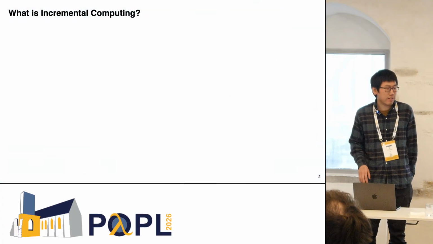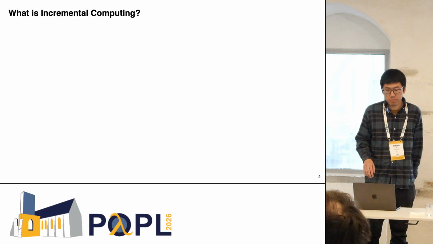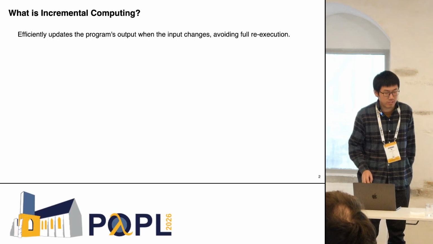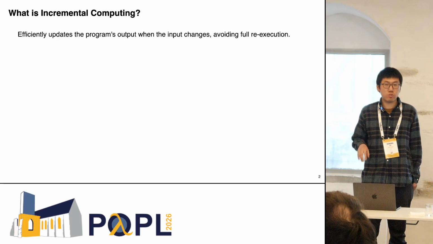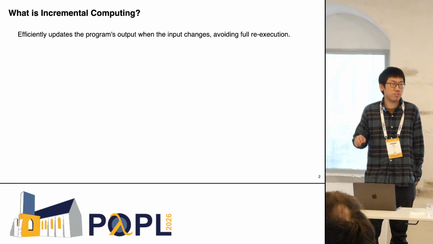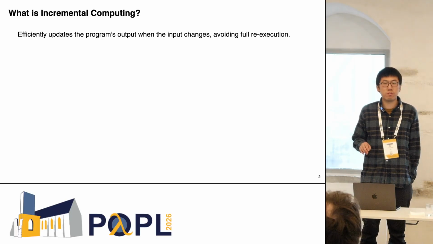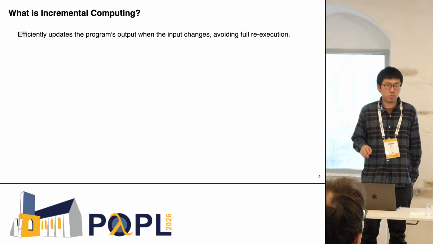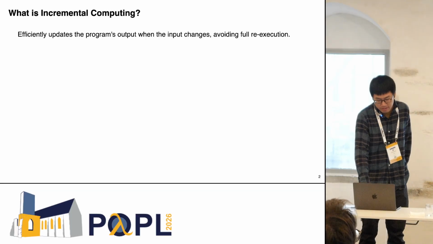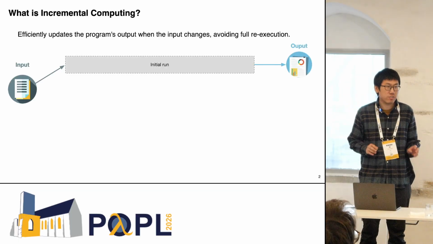At first, I want to introduce what incremental computing is. In a nutshell, it's a technique that allows us to efficiently update the program's output when the input changes, instead of doing a full recomputation from scratch. Usually, an incremental computation has two phases.